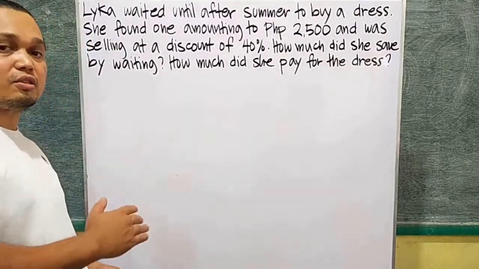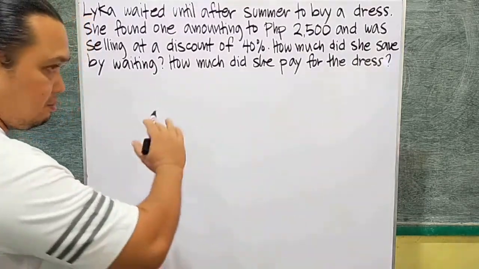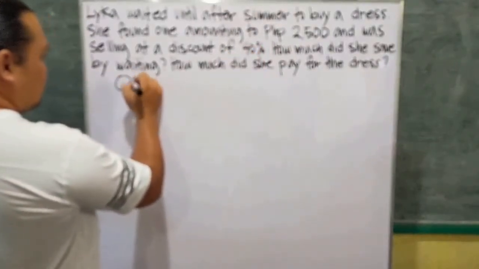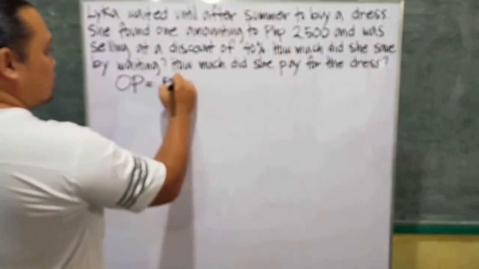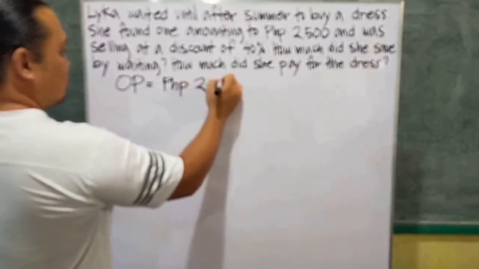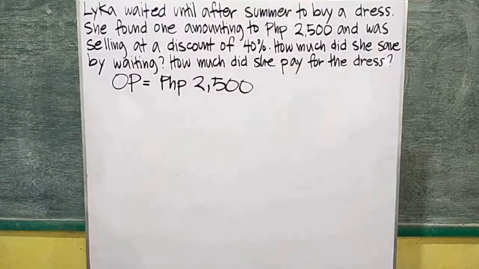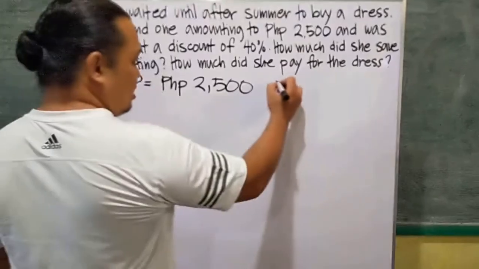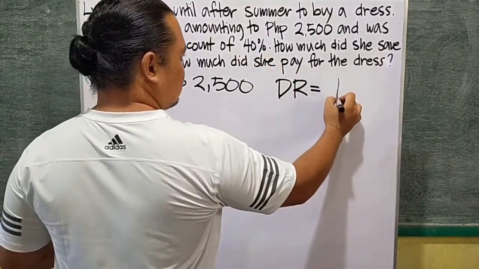Now, let's first write the event for us to answer the problem easily. How much is the dress? That's the original price, 2,500 Philippine pesos. What is the discount rate or DR? That is 40%.